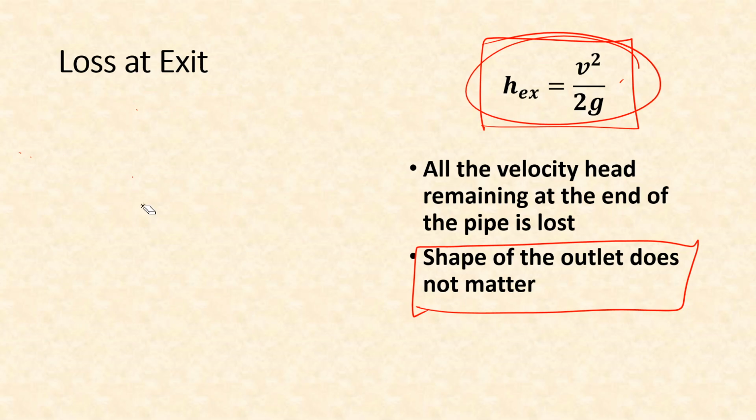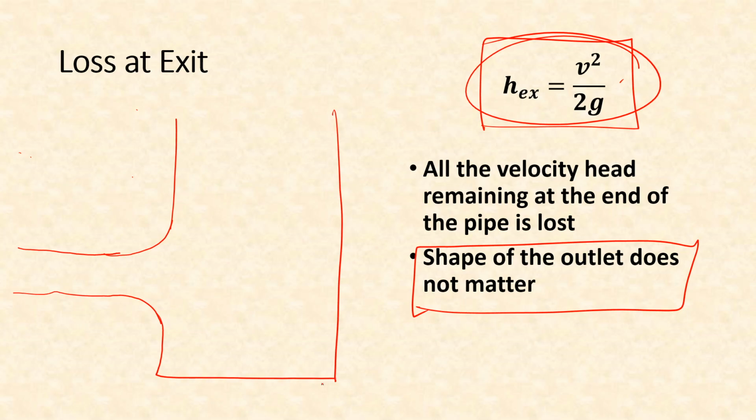If we make a smooth exit, like this, then what will happen actually? In that case, you'll see that whatever the velocity at this cross section, velocity will decrease, because the cross sectional area has increased.